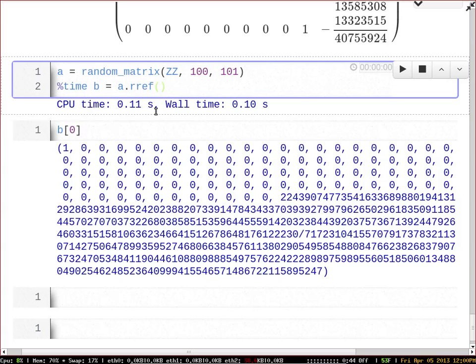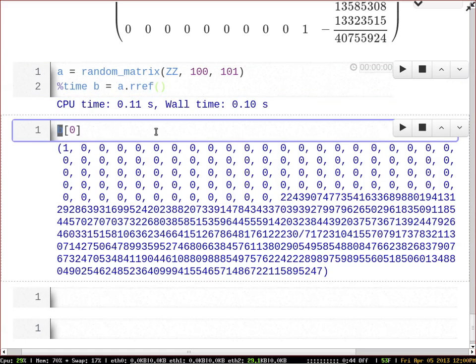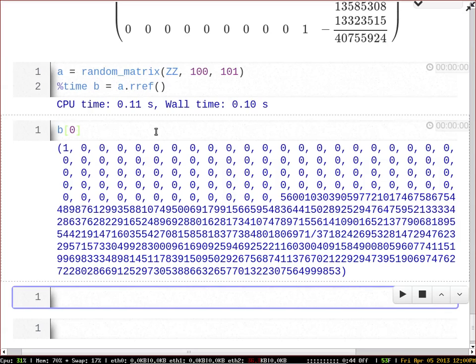The very first row has ones, then all zeros, and at the very end one entry that's a big rational number. But note that it only took 0.1 seconds, which is pretty cool.